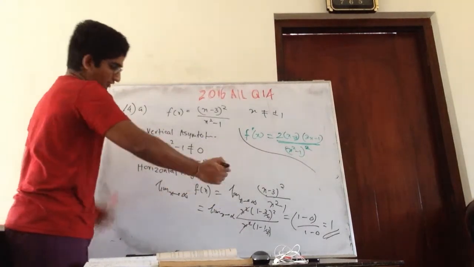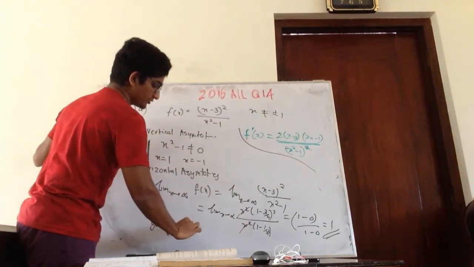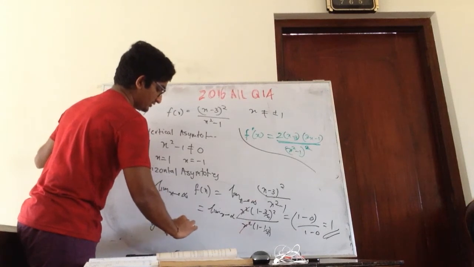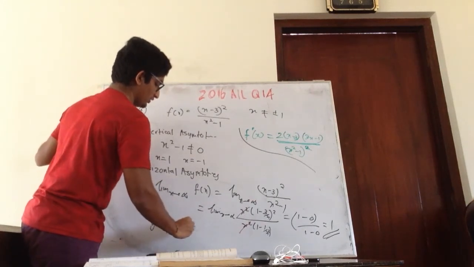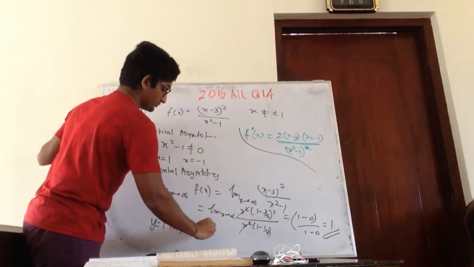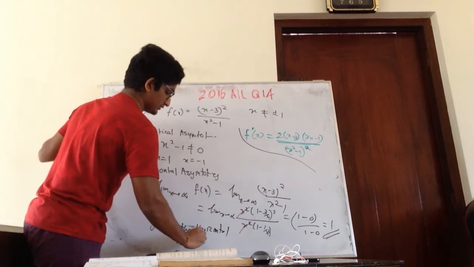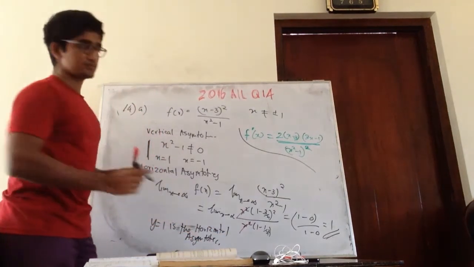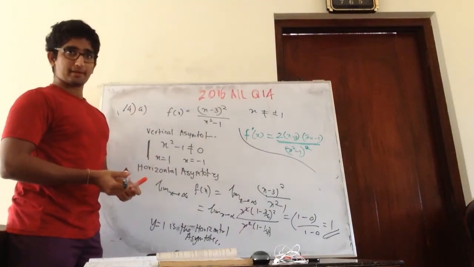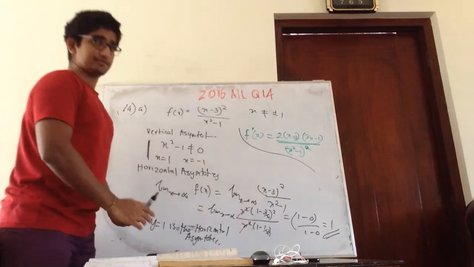So that means y equals 1 is an asymptote, the horizontal asymptote. Correct now? Right? So that is one of the things they are asking.